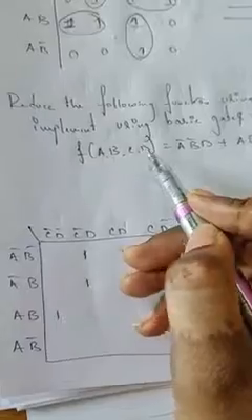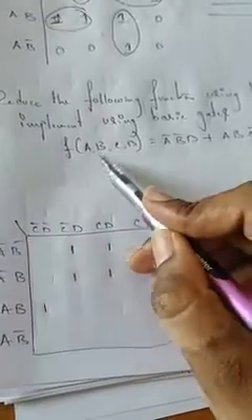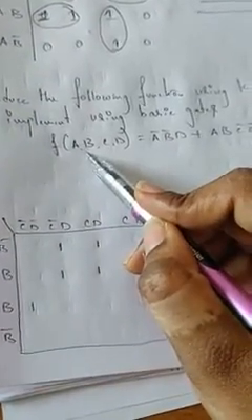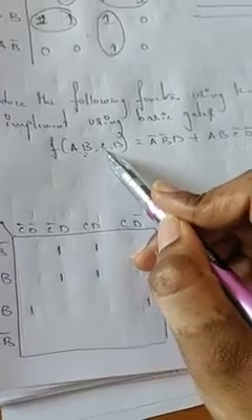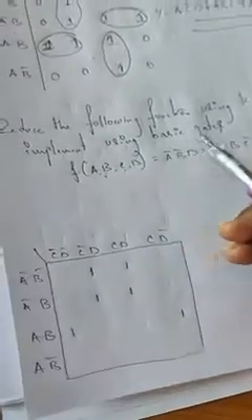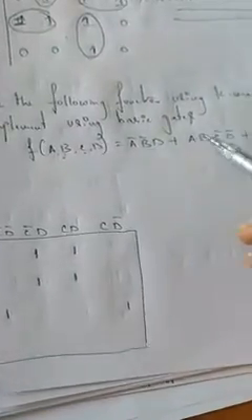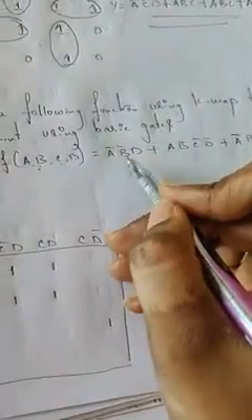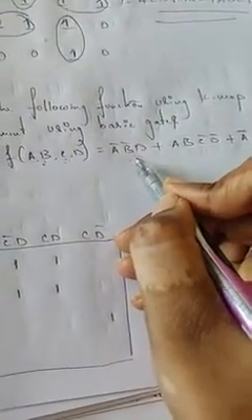F of ABCD equals A bar B. F of ABCD, they are given ABCD, right? So once they are given ABCD, it is quite understood that it is a 4 variable K-map. Look at these terms. We have 3 variables here, 4 variables there. What is missing here? C is missing here.